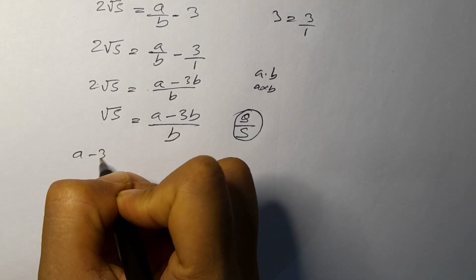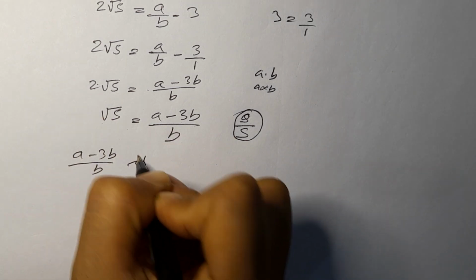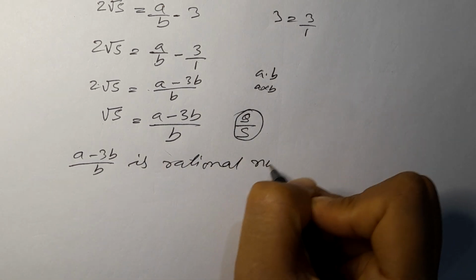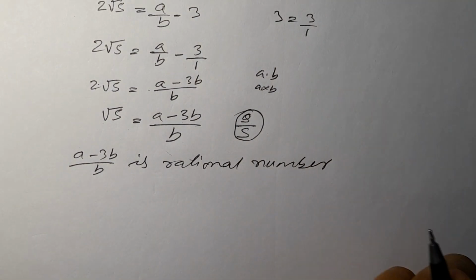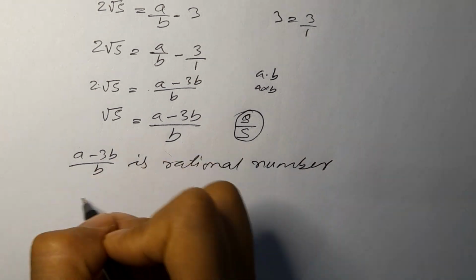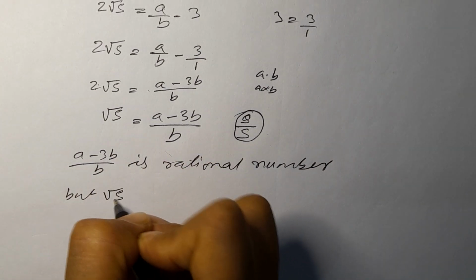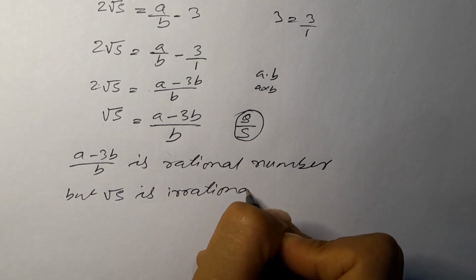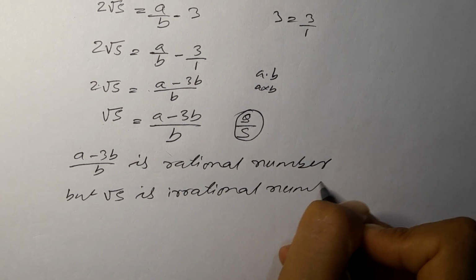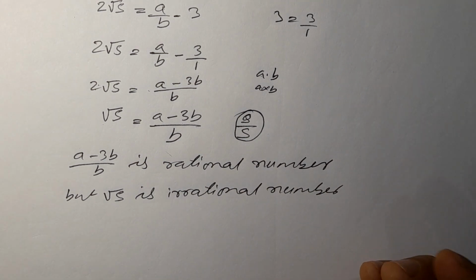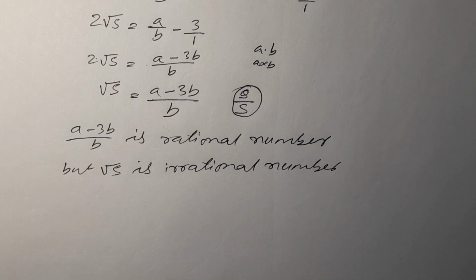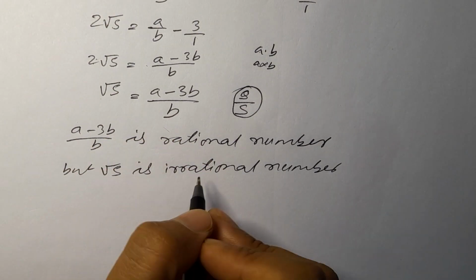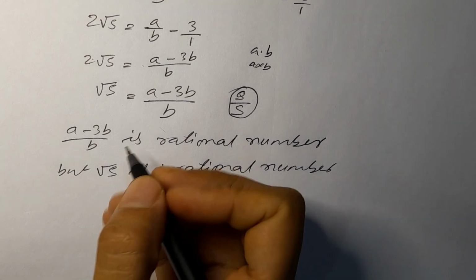A minus 3b divided by b is a rational number, but root 5 is an irrational number. A rational number and an irrational number cannot be equal.